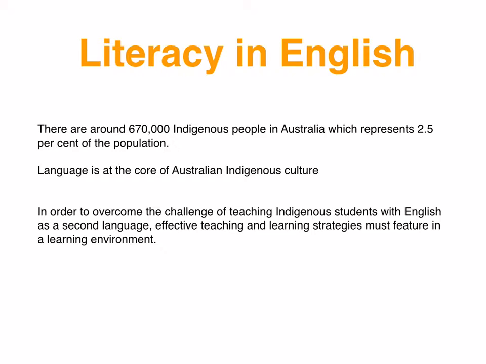At the time of colonisation, there were around 600 spoken languages. However, today there are only 60 to 200 healthy languages remaining. So really, language is a huge thing, and it's one of the major barriers that Aboriginal students face.